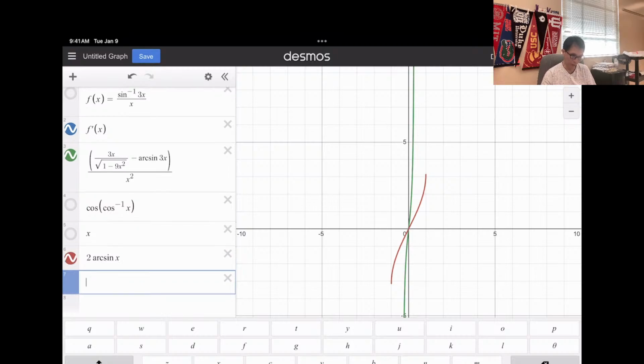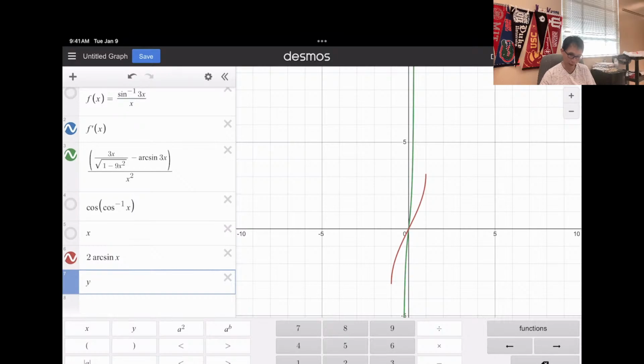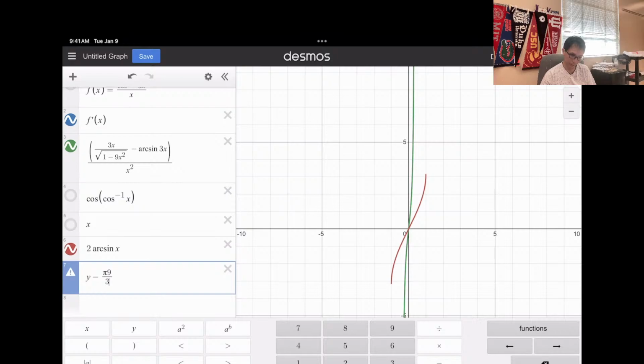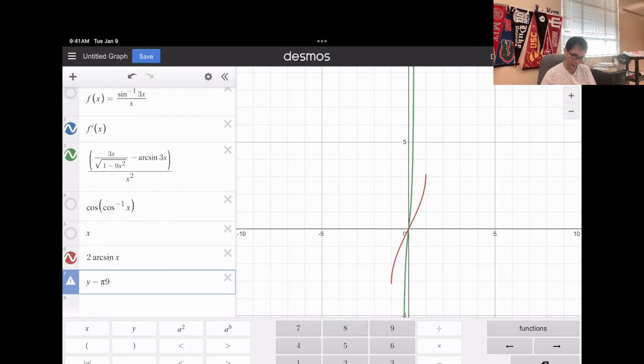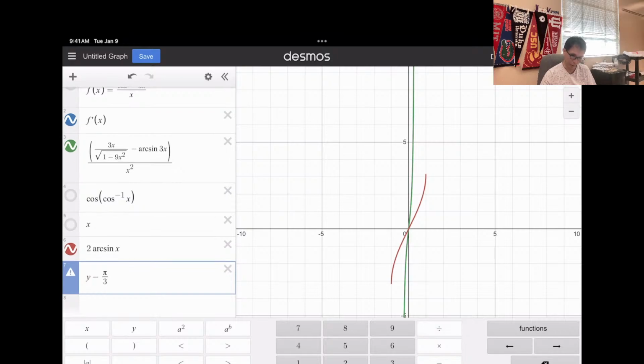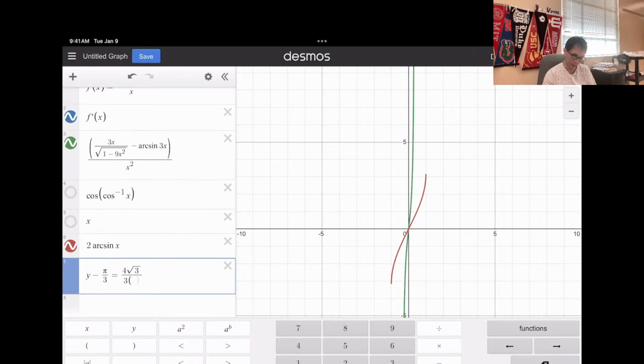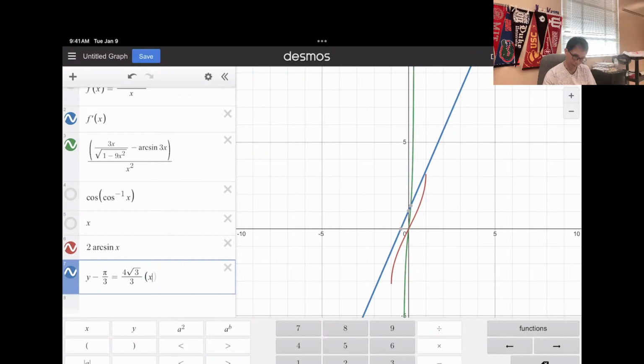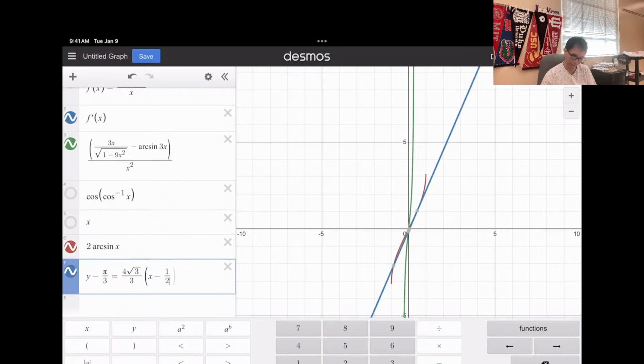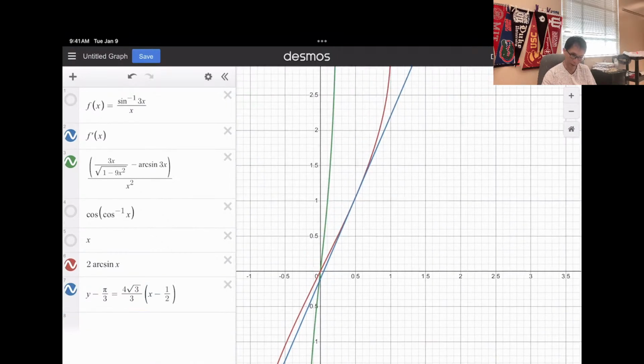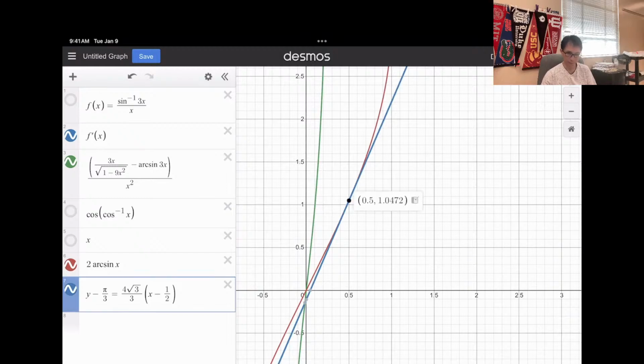What was your equation of the tangent line? y minus pi over 3 equals what? 4 root 3 over 3 times x minus what? You see the equation of the tangent line right here at this point? That's the equation of the tangent line.